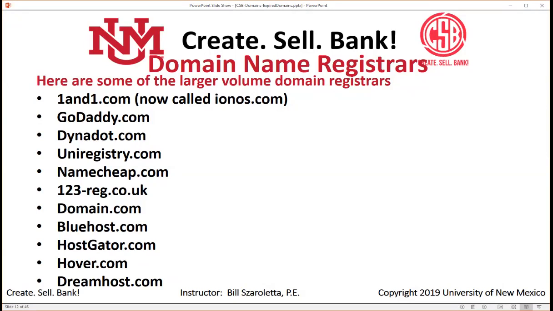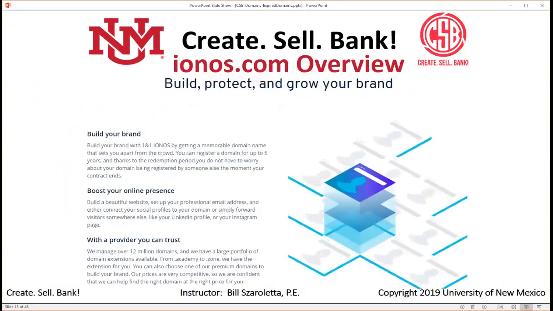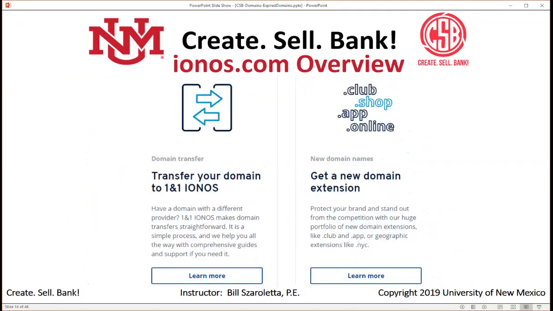Domain.com, Bluehost, HostGator, Hover, DreamHost, any of these places, and there are dozens and dozens of others that you can buy domains from. Ionos, they've got a site. You can go to ionos.com and figure out what they do.